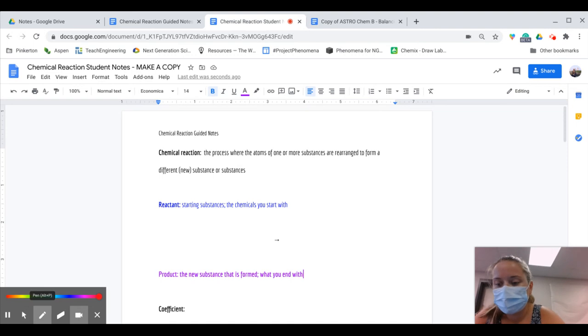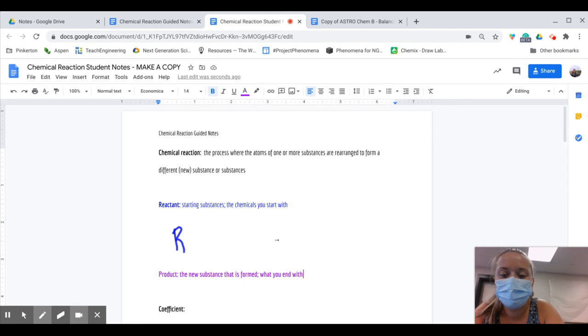So when we're writing an equation, our reactants always go on the left hand side of our reaction arrow. Okay?